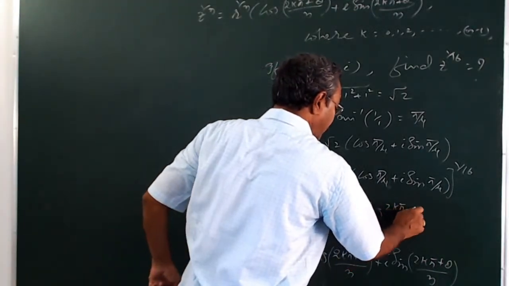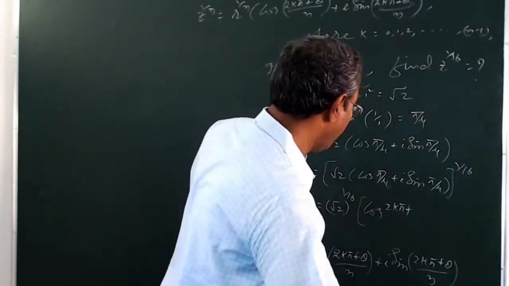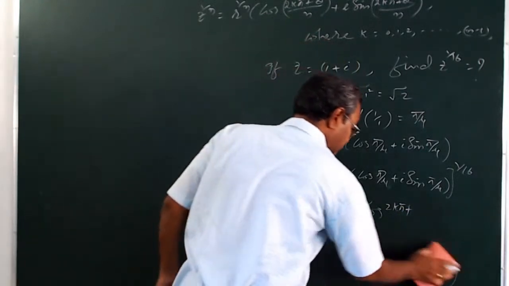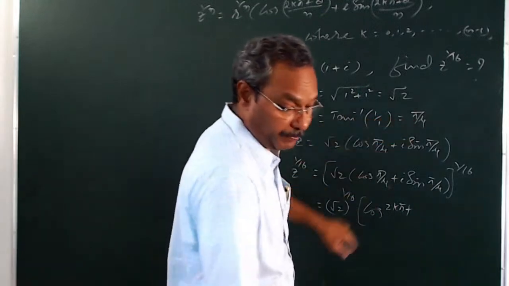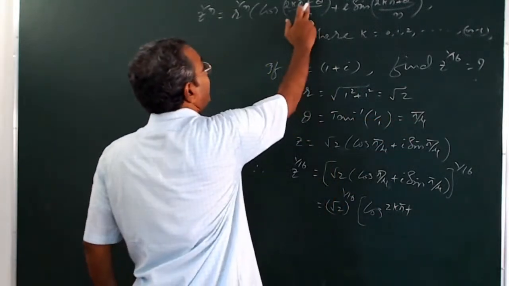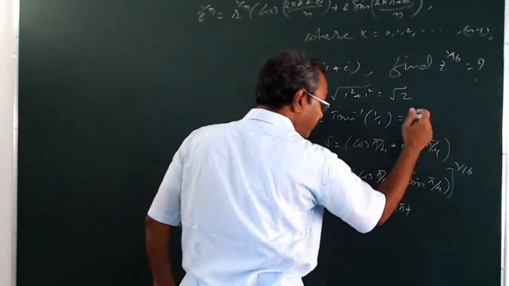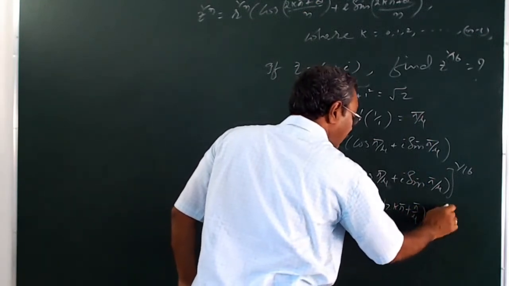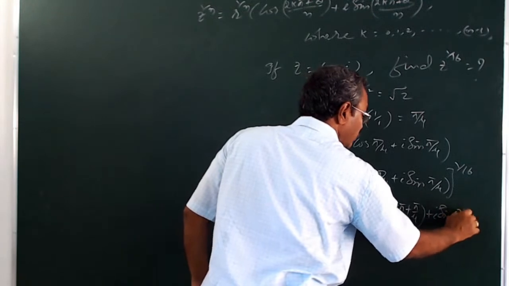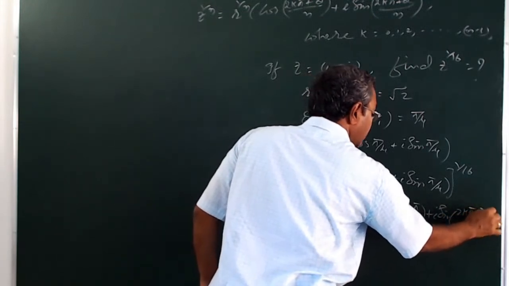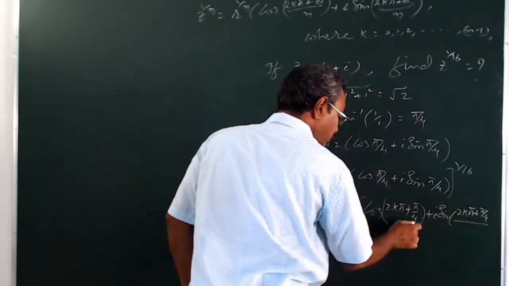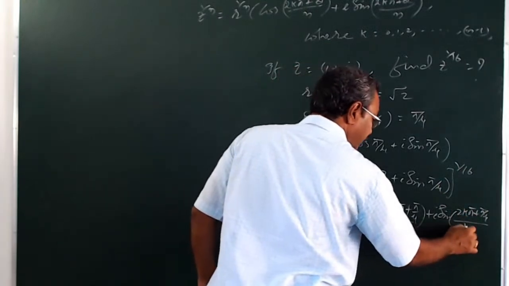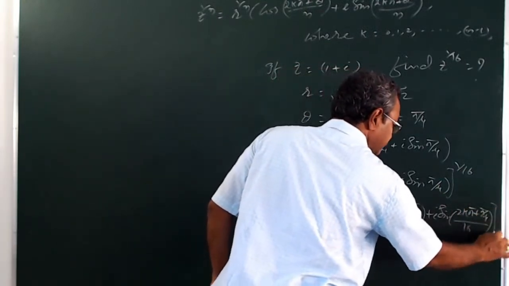2k pi plus theta. What is our theta? Our theta here is pi by 4. So 2k pi plus theta, which is pi by 4, plus i sin 2k pi plus pi by 4, whole divided by n.